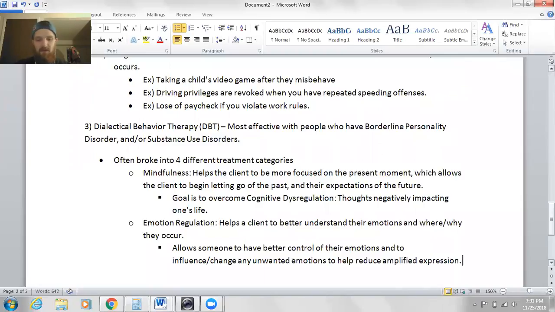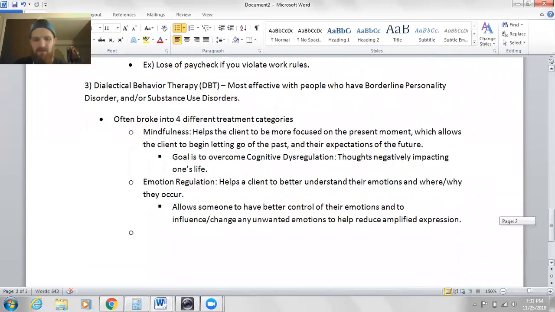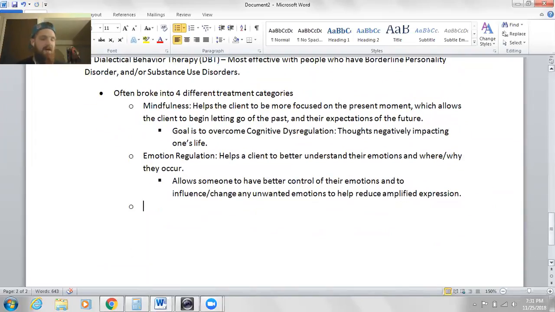So if you're thinking entirely on the emotion sense of your mind, you're going to be a little more sensitive and a little more hyped up when responding to certain situations.